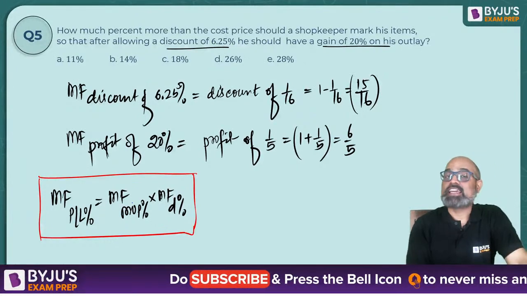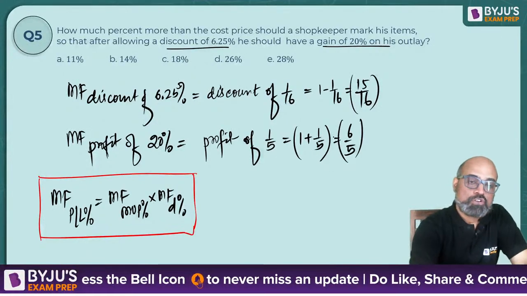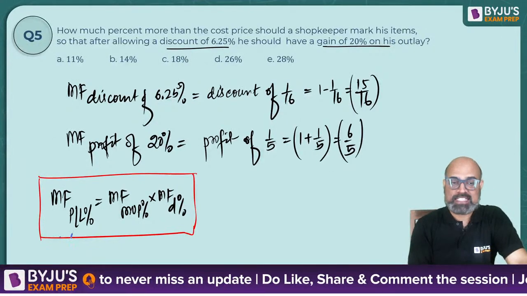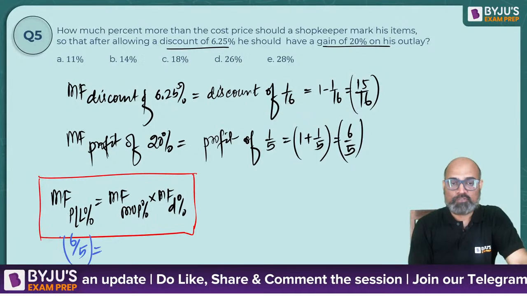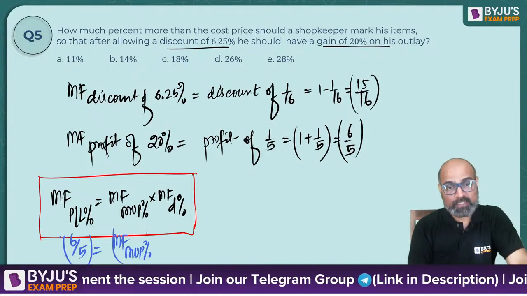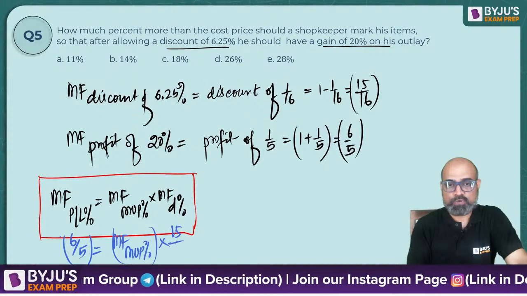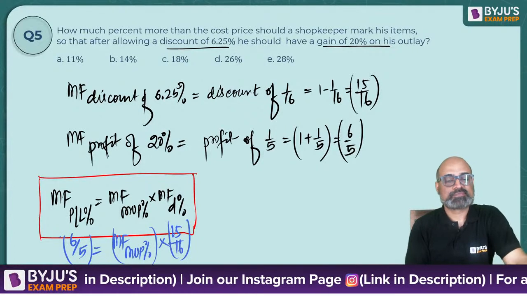Out of these three, what all are we aware of? We are aware of the first one, which is 6/5. We are not aware of the second one because that's what we need to calculate. And multiplying factor of discount percentage is known to us as 15/16.